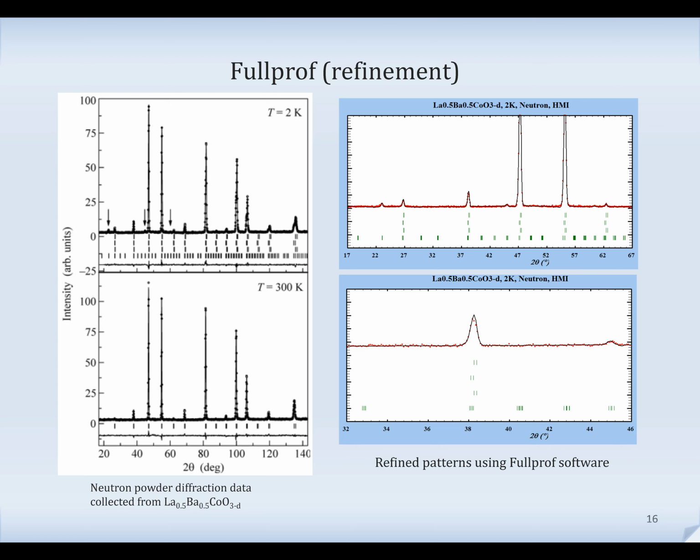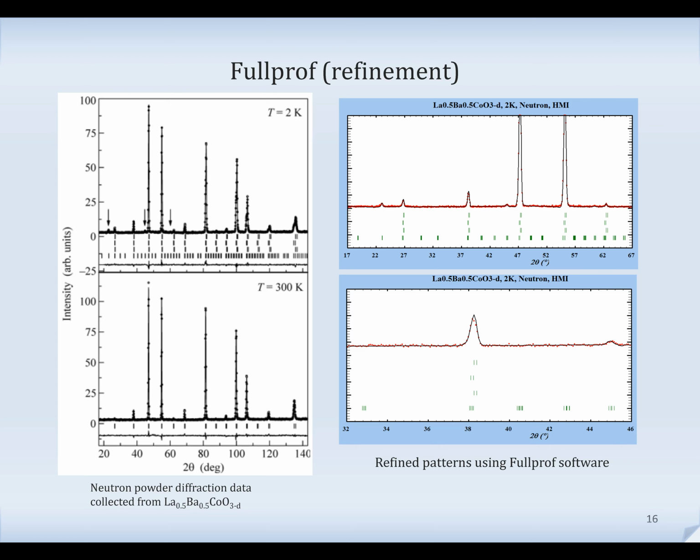If we compare the same reflection recorded by synchrotron radiation, we distinctly see the splitting because of the high resolution of the instrument. And using neutrons, we cannot resolve this reflection. But in reality, it's split because the crystal structure is not a single phase.